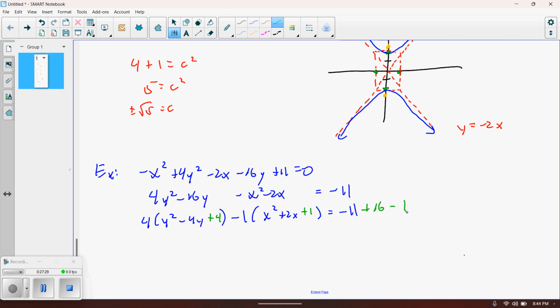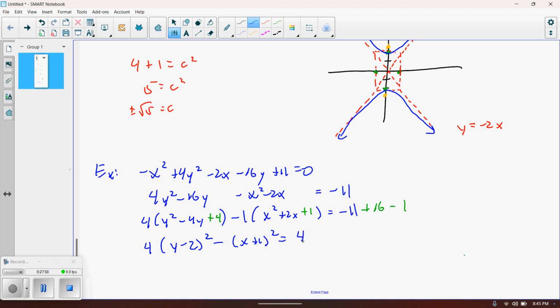So let's go ahead and simplify everything now. The first one is going to be 4 times, factoring the y part should give us y minus 2 quantity squared, minus, don't really need the 1, you can write it if you want, but that parentheses is going to become x plus 1 quantity squared. And on the right-hand side, we've got negative 11 plus 16, which is 5, minus 1 is 4.